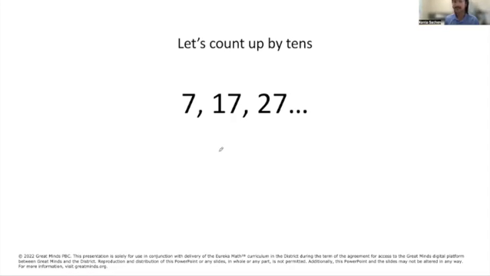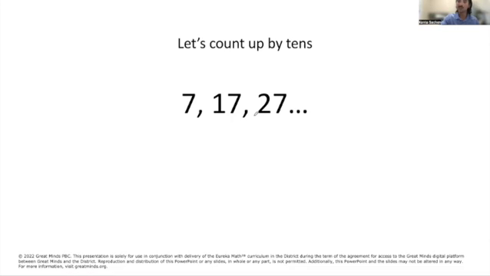Next, Allison S. 77. Next, Ashanti. 87. Good. Valerie. 97. And after that, Oliver. 107. Good. Jackie. 117. And then we can keep going, right? 127, 137, so on and so forth.